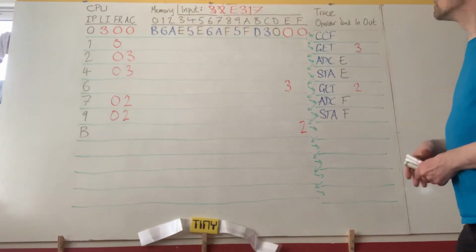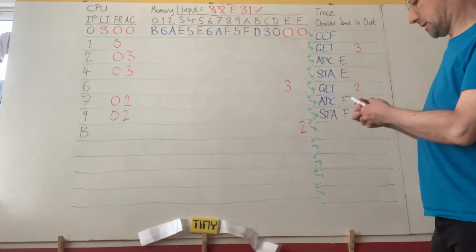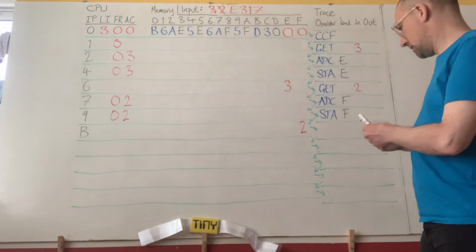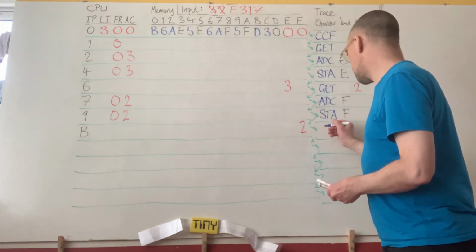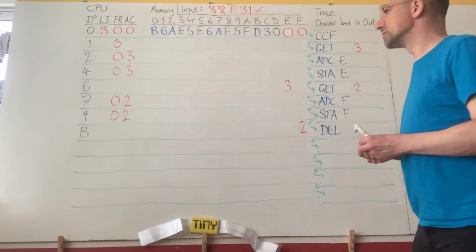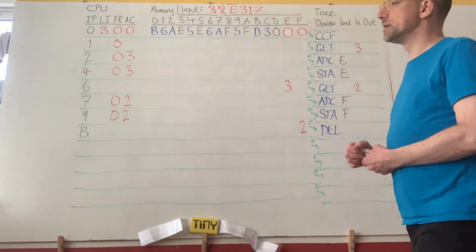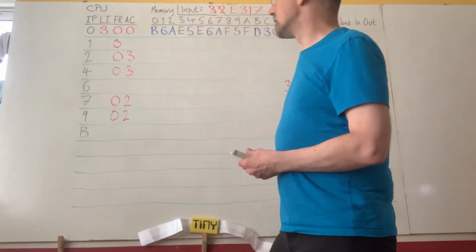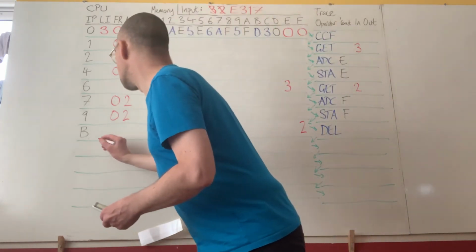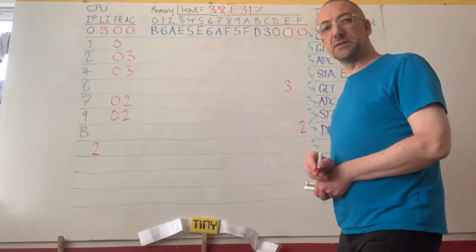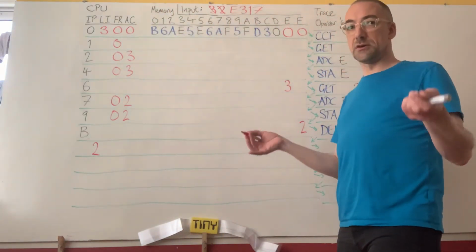Now, what's at B? That's a D. And D stands for decrement the loop index. The loop index is currently 3, so if we decrement it, we get 2. Is 2 0? No, it's not.